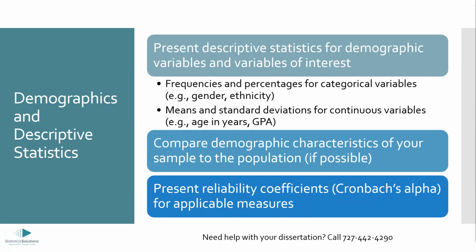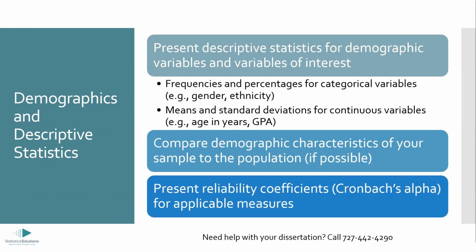And when you present this descriptive information, especially for the demographic characteristics, if possible, some schools will want you to compare the demographic characteristics of your sample to the population. So if you actually have information about the population characteristics, for instance, for something like gender, if you know in the population roughly how many males and females there are, you can relate that back to what you found in your sample.